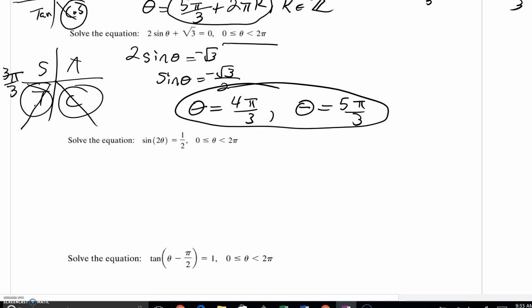This is where it gets to be a little bit trickier. What's happening is you're going to see that the argument of sine, the inside part of sine, is now no longer just a theta. It's 2 theta.